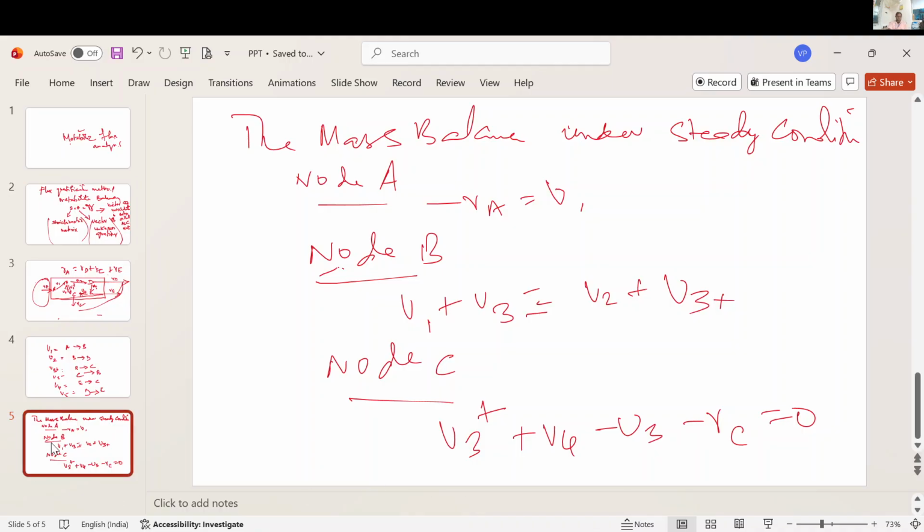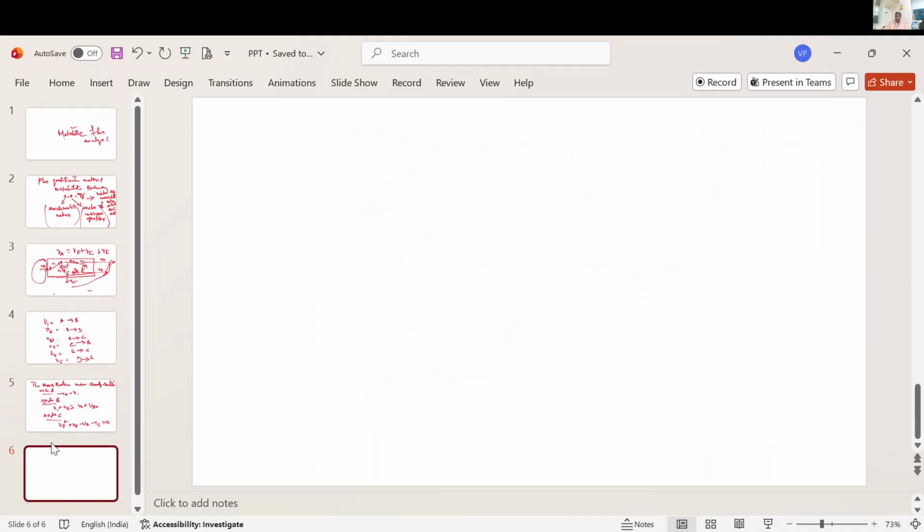Then RC is equal to V3 plus V4 minus V3 minus.